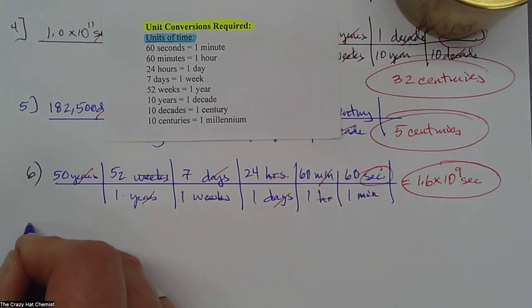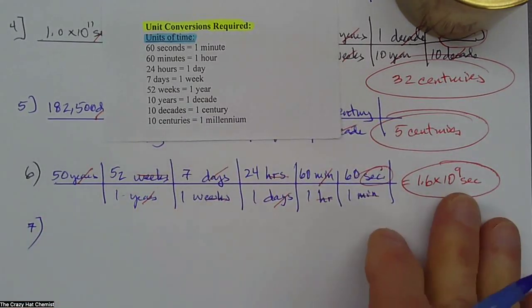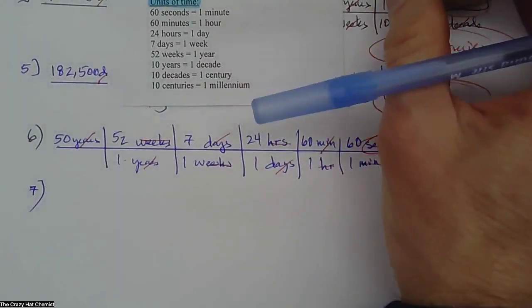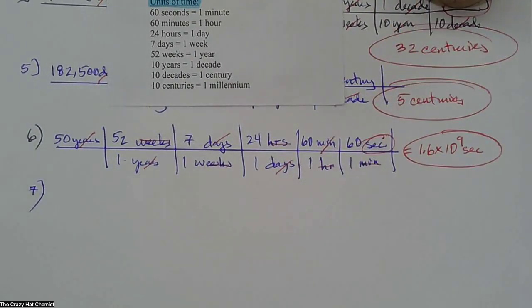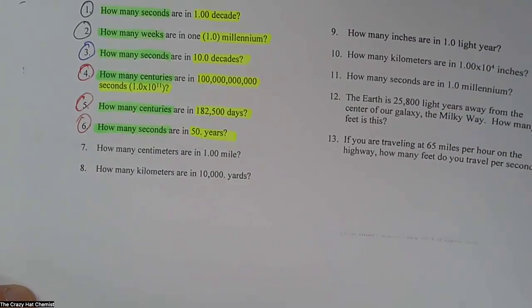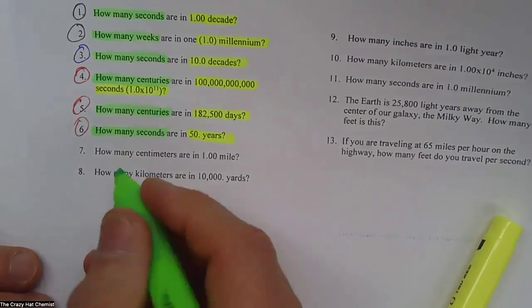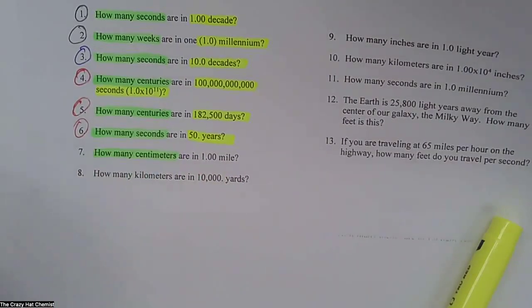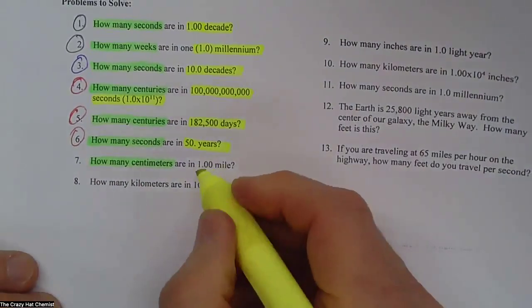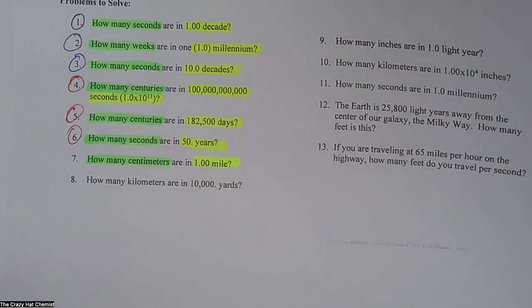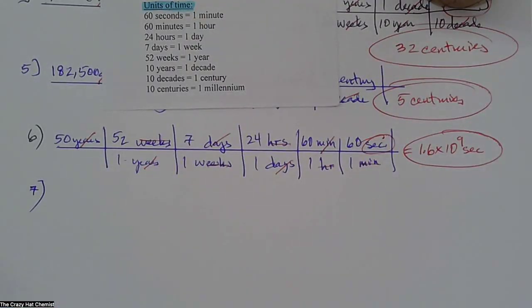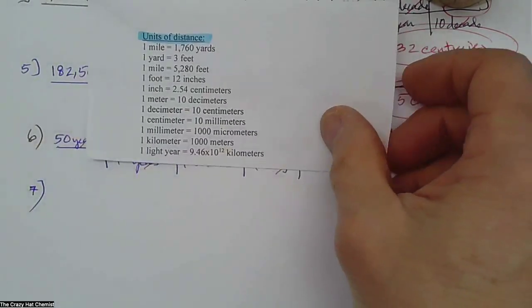Okay, our next problem is number 7. Fantastico. Number 7 says, how many centuries, oh, sorry, how many centimeters in 1 mile? So now we're finally getting to another set of unit conversions, and those are going to be distance unit conversions.